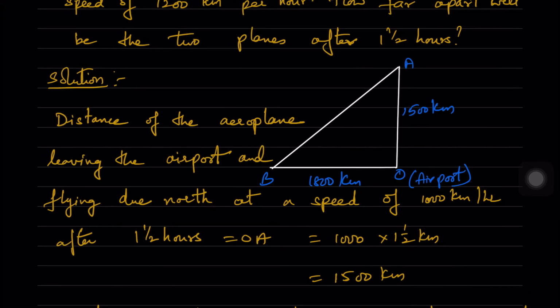So now here we have a distance of the aeroplane leaving the airport and flying due north at a speed of 1000 kilometers per hour after 1.5 hours is equal to OA, which is equal to 1000 into 1.5 hour kilometers, that is equal to 1500 kilometers.